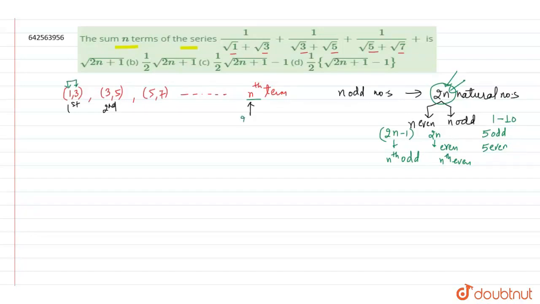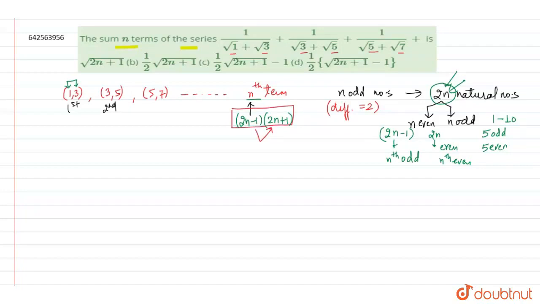So our nth odd number will be 2n minus 1. We have to write one more odd number consecutive to this. That will be 2n plus 1, because the difference between two odd numbers is always 2. So 2n minus 1 plus 2 gives us 2n plus 1. So this becomes the nth term of our given series.